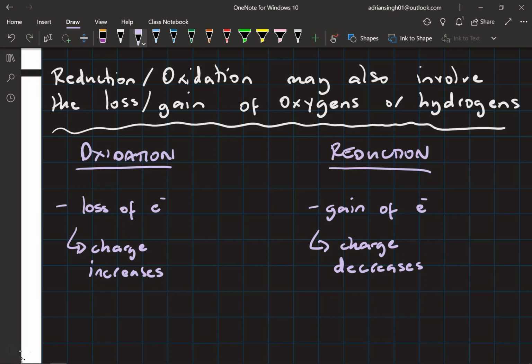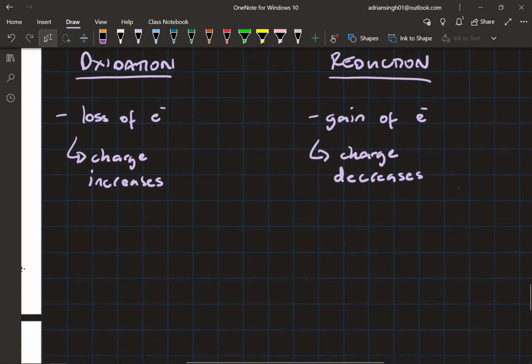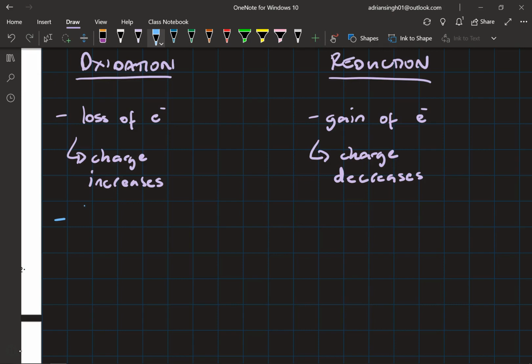We just looked at our reactions. What we just said now is we can look at oxidation and reduction in terms of hydrogens and oxygens. So oxidation can also be defined as the loss of hydrogens, which means reduction would be the opposite of that, which would be the gain of hydrogen.